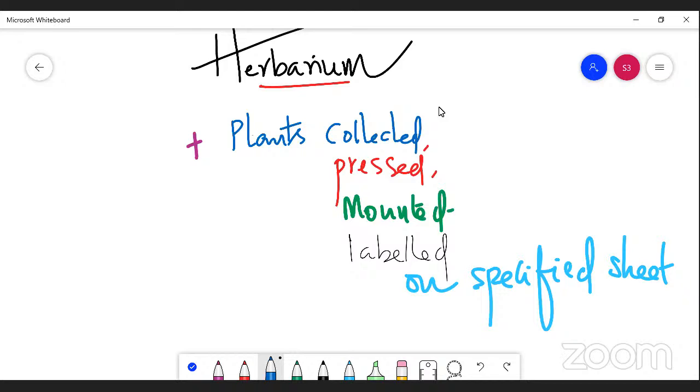Herbaria is the plural and herbarium is the singular. So the first definition is a collection of plants preserved on a specific sheet by using several techniques.